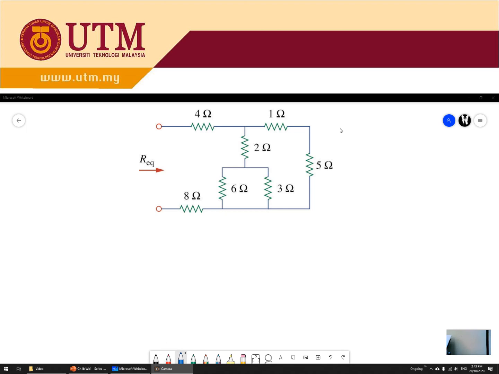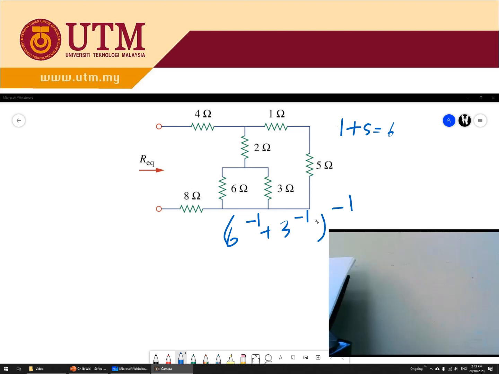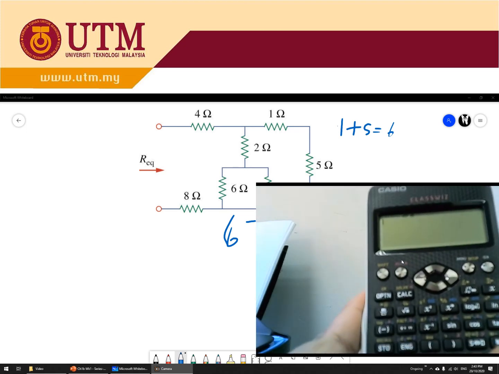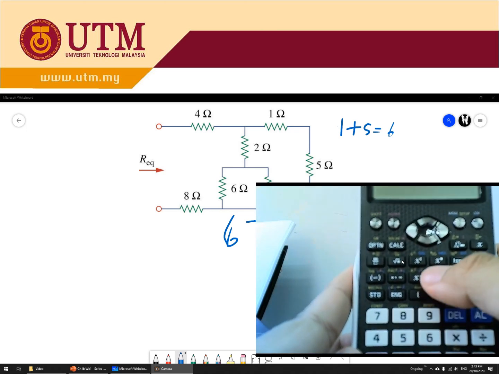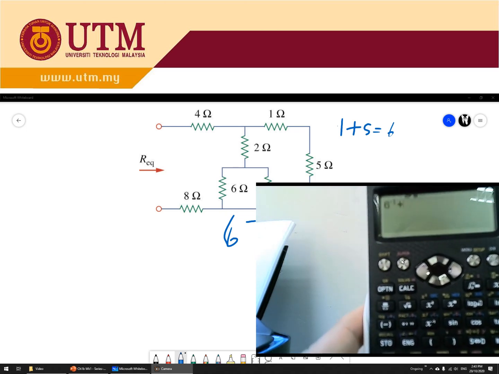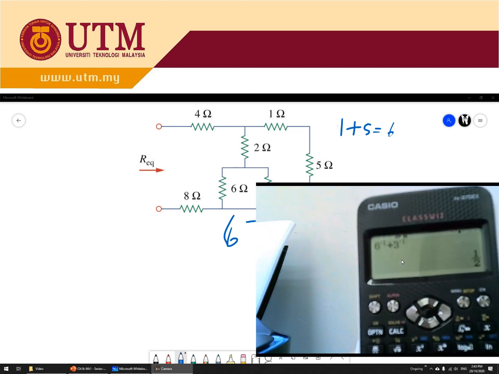Okay, firstly, this one is 1 plus 5 equals 6. Then this one is 6 inverse plus 3 inverse. So this one, use your calculator. Okay, 6 reciprocal plus 3 reciprocal, also the same button, equals 1 over 2.